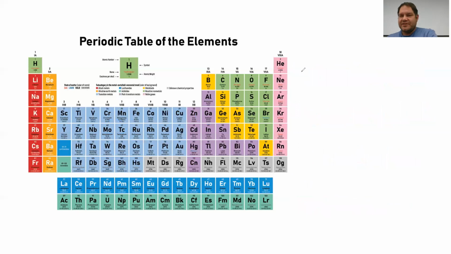Now when we talk about ions, remember that we either lose or gain electrons. So that means that we're going to have to account for that. The first one is sulfur 2 minus, okay? That means it's gained 2 electrons. So what I would normally do is write the electron configuration for the non-ion version first.